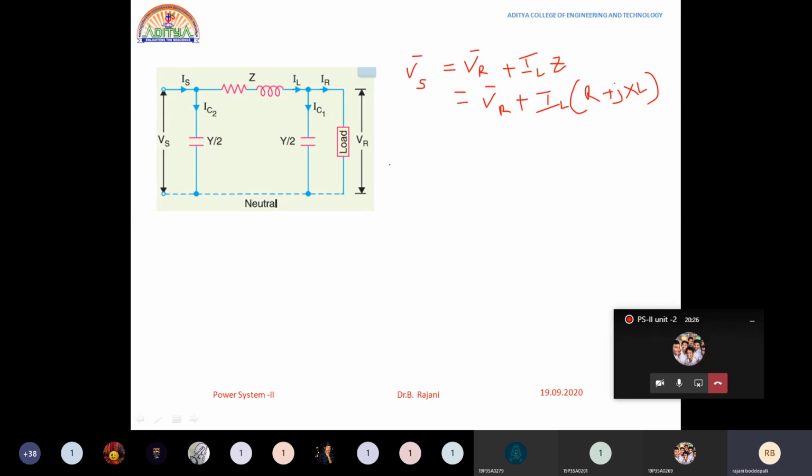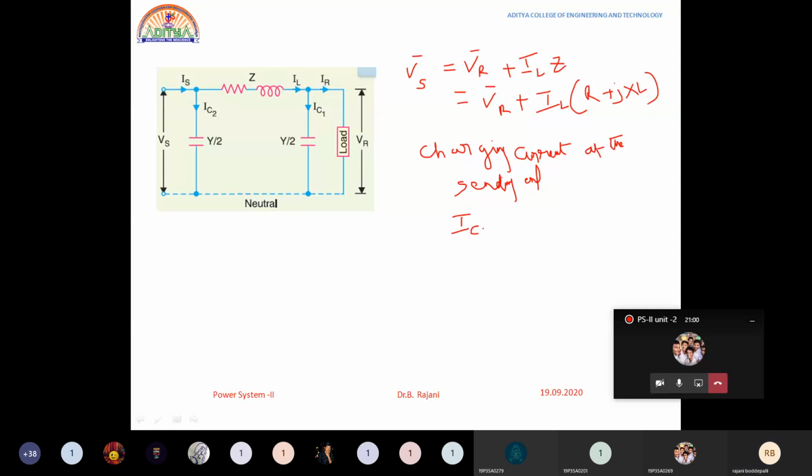Now the charging current IC2 at the sending end I want to find. This is IC2, the sending end charging current.